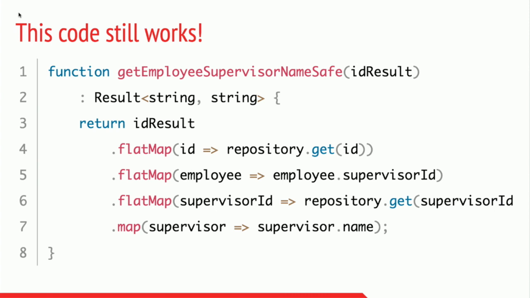So what's the behavior of this function? If I give it an ID of an employee that has a supervisor and it has a name, then I will get a result with this name. But if anything goes wrong, I will get some error message describing why I didn't get this name.